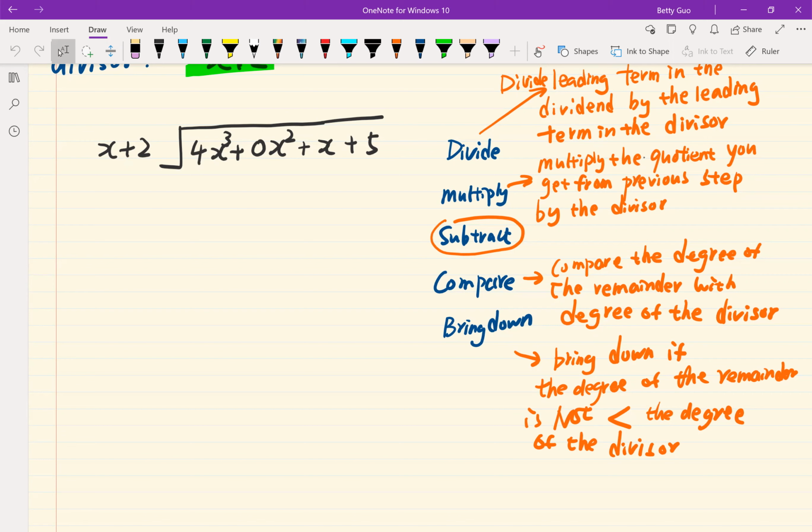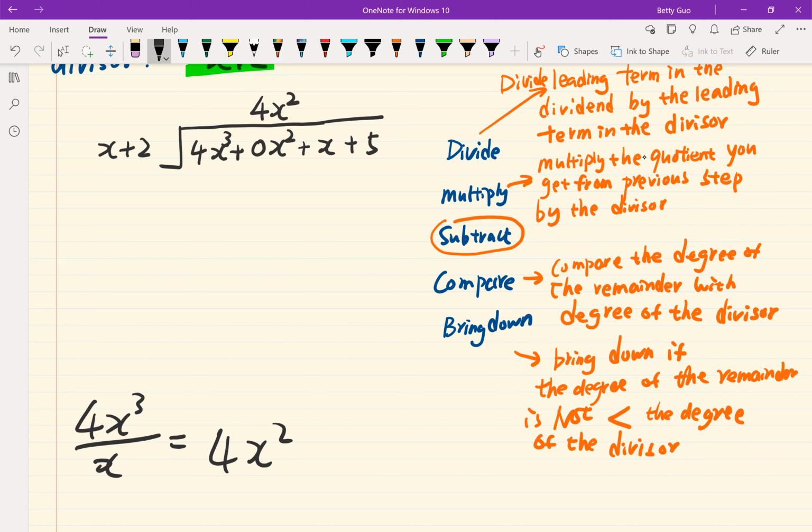We're gonna write this quotient right above the division symbol. The reason we write 4x squared right above 0x squared is because they are like terms. I do not write 4x squared on top of 4x cubed or above x because they are not like terms.